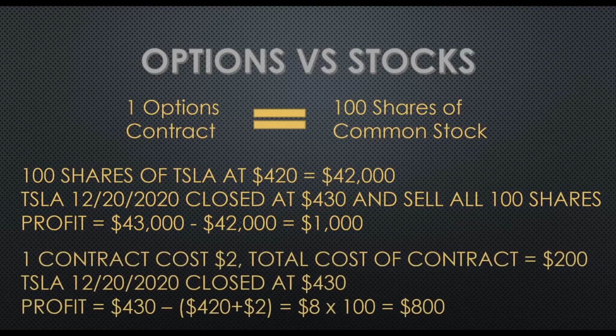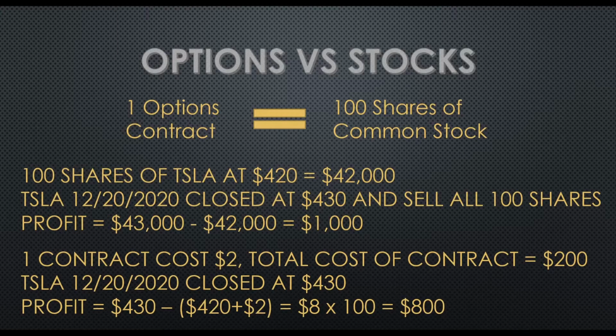So in the previous example, one contract cost me $2. The total cost of the contract is $200. So Tesla at 12/20/2020 closed at $430. So my profit again is 430 minus 420 minus 2 equals $8 per share times 100. So that's $800.